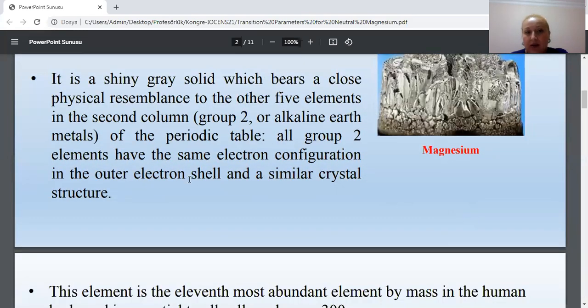So the outer electronic shell is so important for us. I told you in the previous talk that we have to think about the open electronic shell to find the transition parameters, because these electrons are the active electrons.